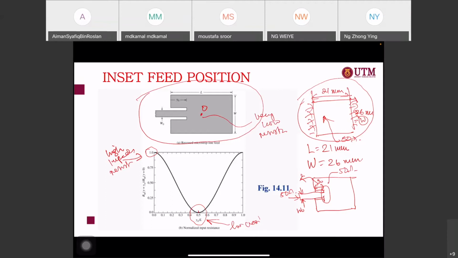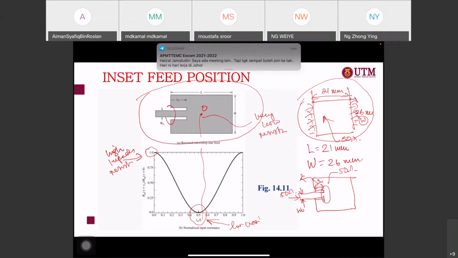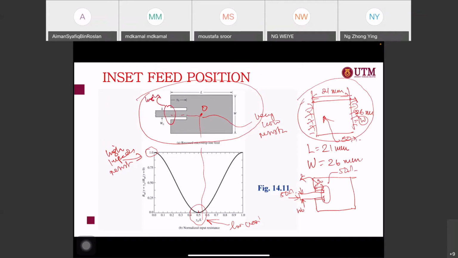So that's why you have a minimum value of your impedance. It is a high value here, and when you move here it becomes 0. So that's why you get this kind of graph across these positions. If you want to find the position, you can get it from this particular graph, or you can do some calculations from here.